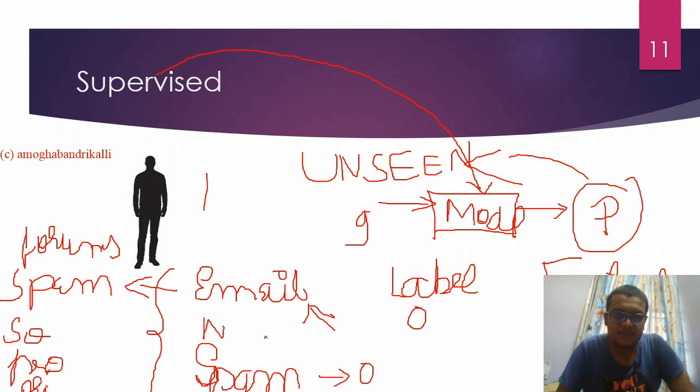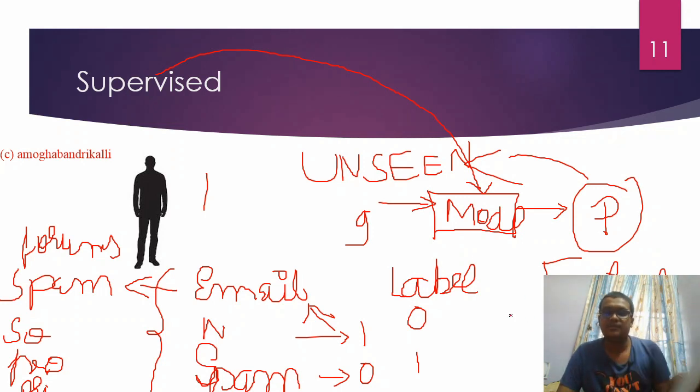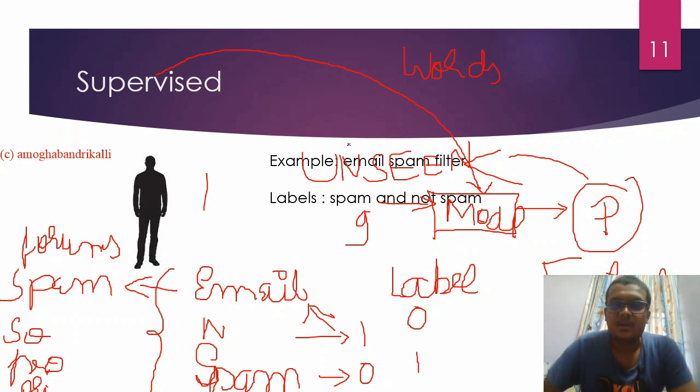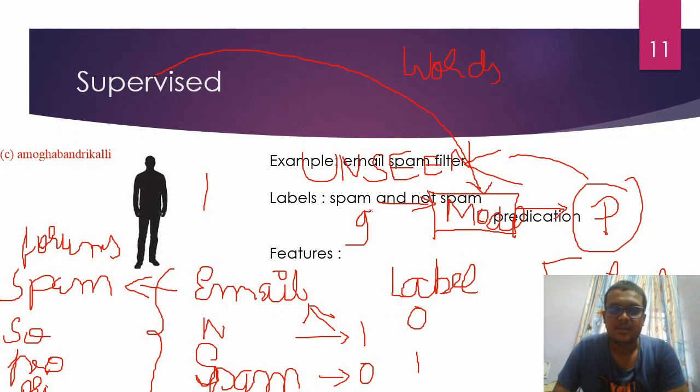For not spam, the label is 1. If it is spam, it will have some features. The features can be the words in the mail. I am talking about a spam filter, so spam or not is the label, and the features are the words in the mail.